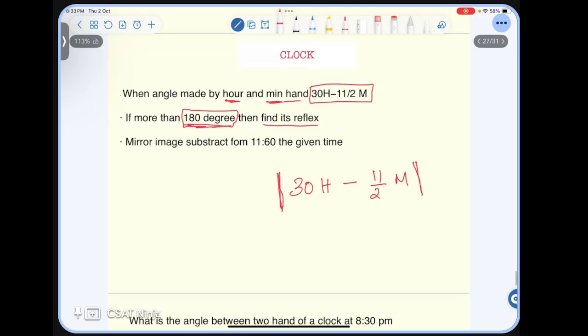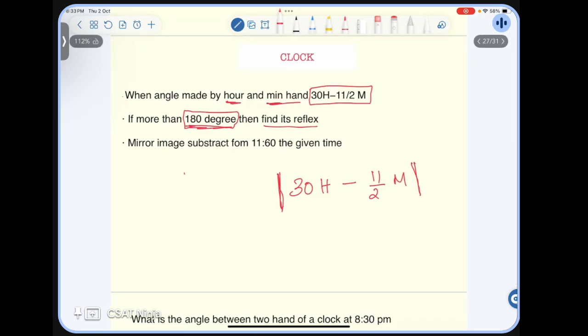Reflex means this: if you have an angle like this, it's fine. But if you have an angle like this, which is more than 180, why? Because a straight line angle is 180.